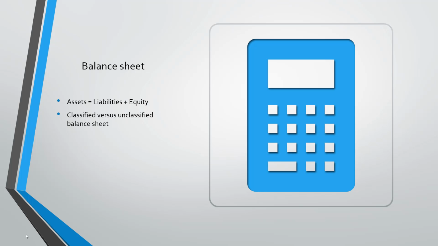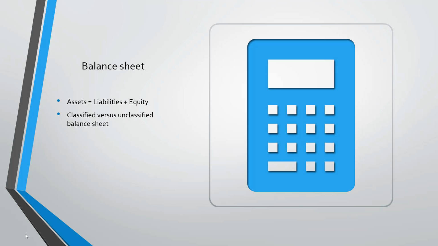Now, there's another aspect with the balance sheet, and it's called classified versus unclassified. This is just a big fancy term that accountants use, but really the difference is that on a classified balance sheet, you have a subcategory for total current assets and a subcategory for total current liabilities. That's really the only difference. An unclassified balance sheet won't have those subcategories in there.